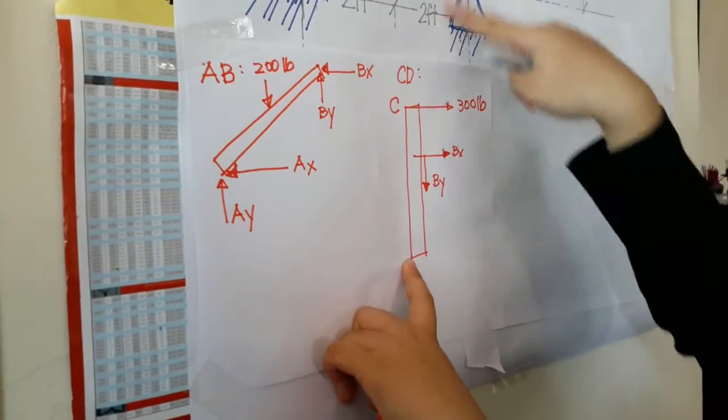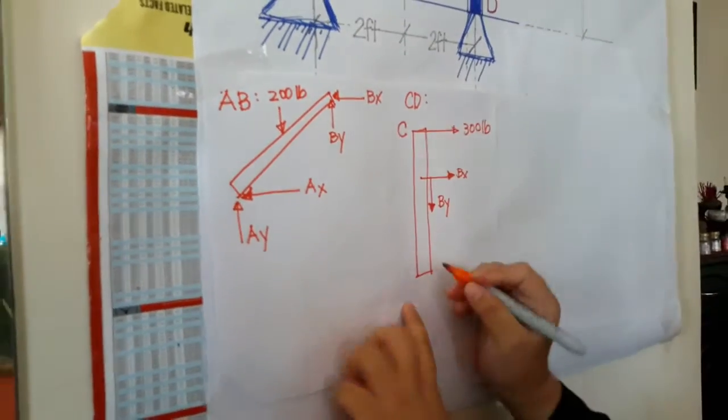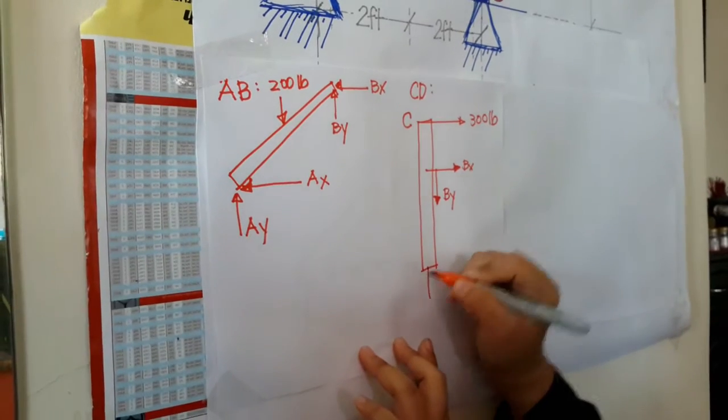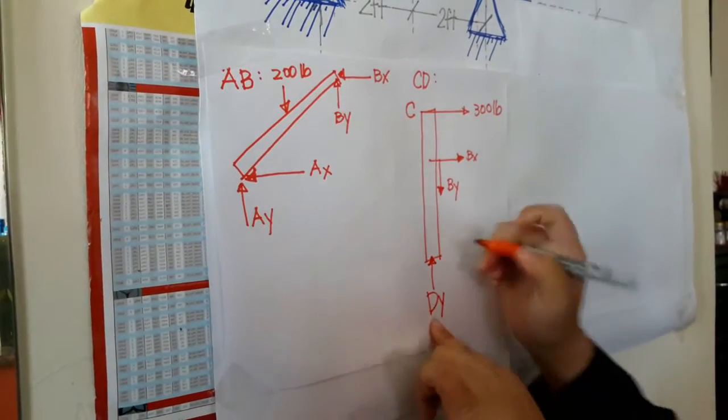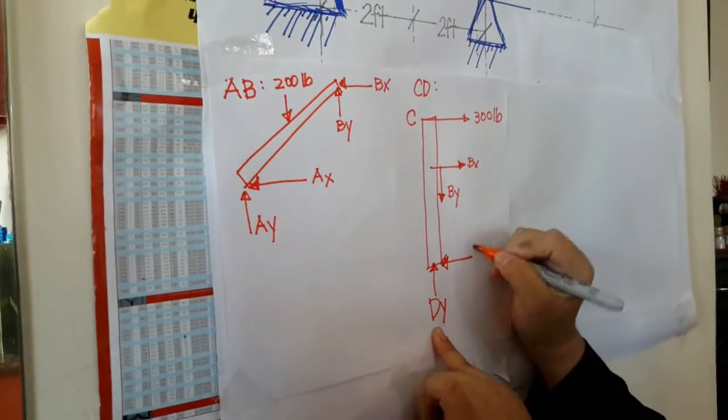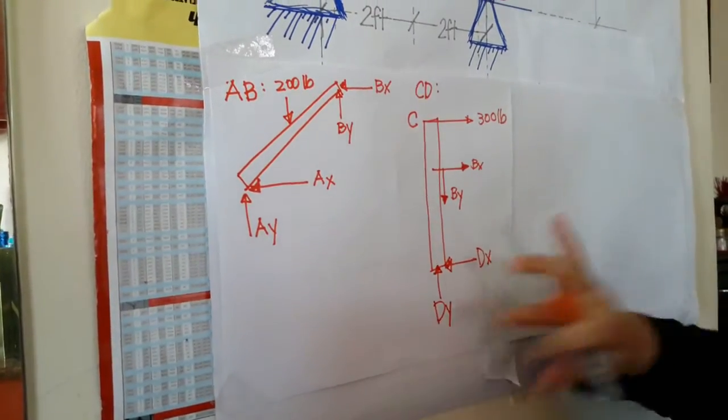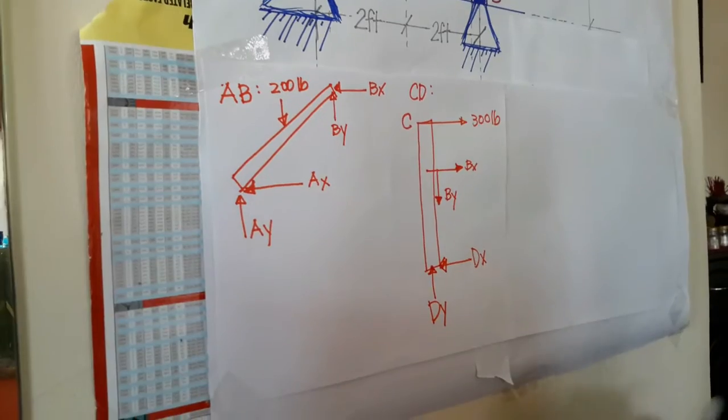Again, there's a hinge in the figure, so there are the vertical and the horizontal forces. Again, I assumed the directions of the forces.